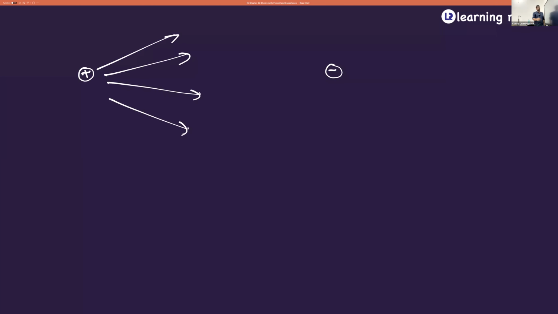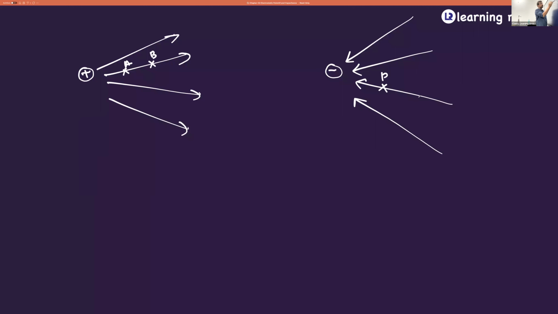Meaning, if I have a positive charge, for instance, and let's say I have a negative charge. So due to the positive charge, this is how the electric field lines are. And due to the negative charge, this is how the electric field lines are. If suppose I take a point A here and B here. Suppose I take a point P here and Q here.